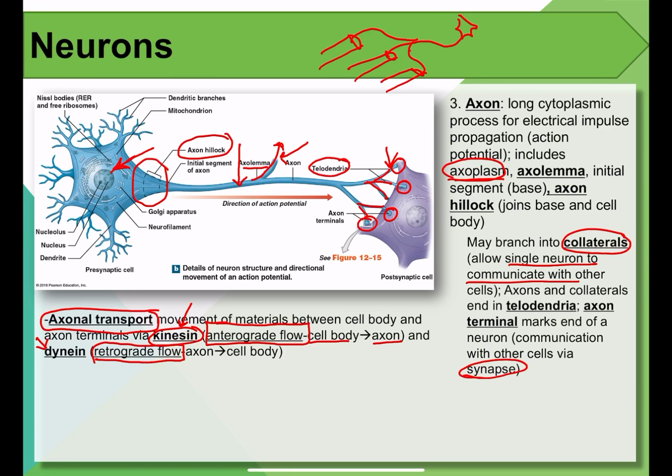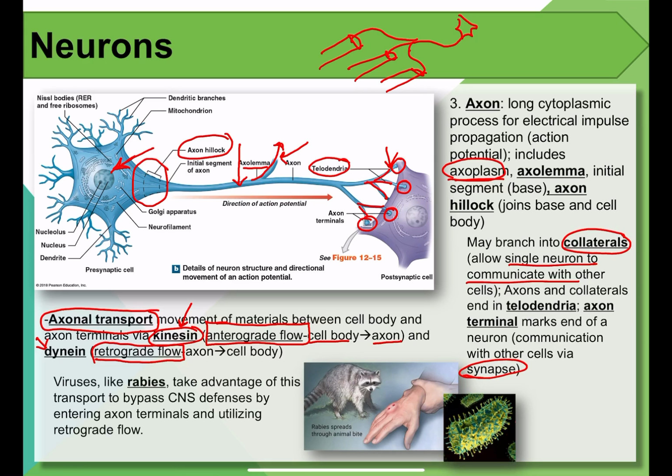All right. So, an interesting but unfortunate side note about this one-way traffic is that some viruses like rabies actually take advantage of this type of transport. They will try to bypass the central nervous system's defenses by entering your axon terminal and utilizing that retrograde flow, hop on a dynein, and then catch a ride back to the cell body.